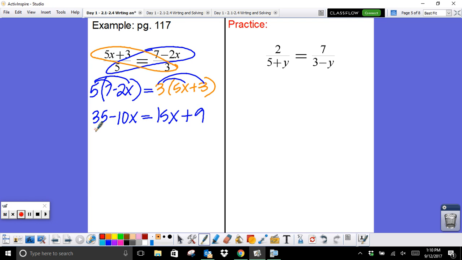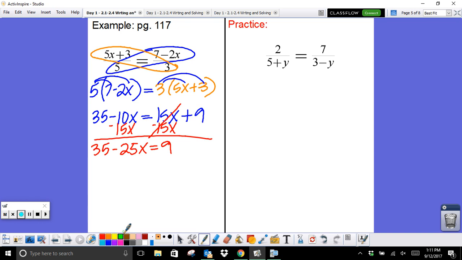If you're one of the people that like to keep your x's positive, then you would probably want to add 10x to both sides. I'm one of the people that likes to get my x on the left side, even if it means that it's negative. So it's up to you. But I would definitely get your variables together first. So I am going to subtract 15x. But if you wanted to add 10x, you could. So I have 35 minus 25x equals 9.